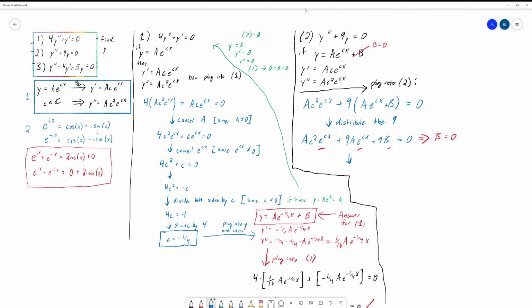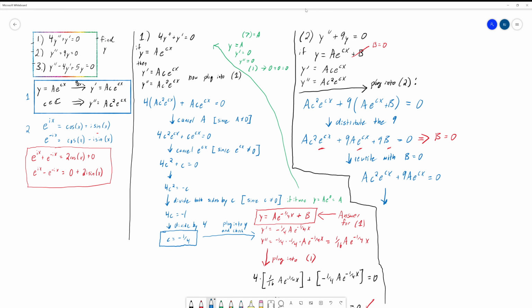So now let's rewrite with b equals 0. And you'll have ac squared e to the cx plus 9a e to the cx equals 0.